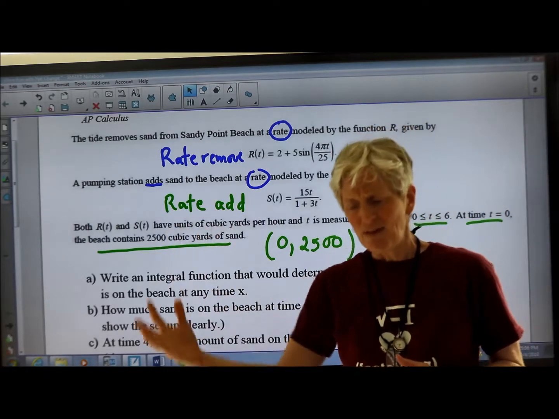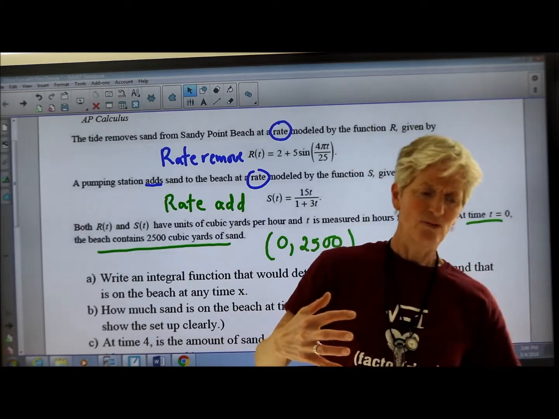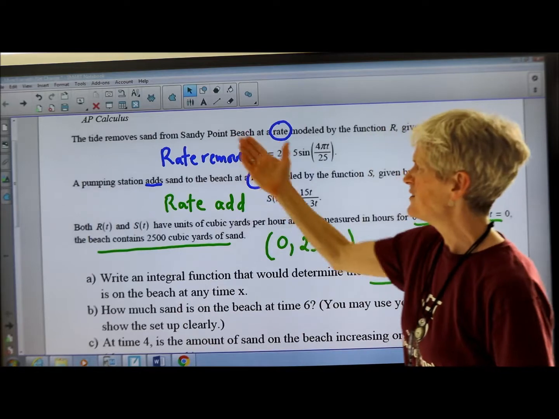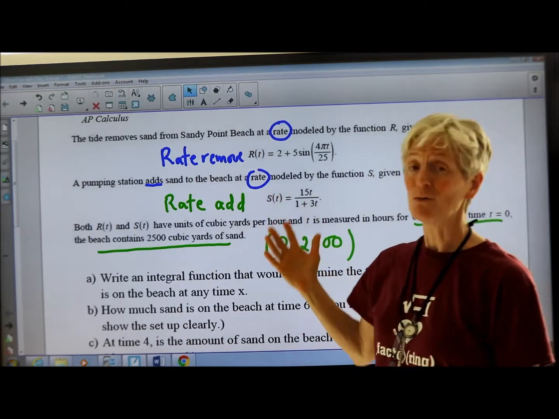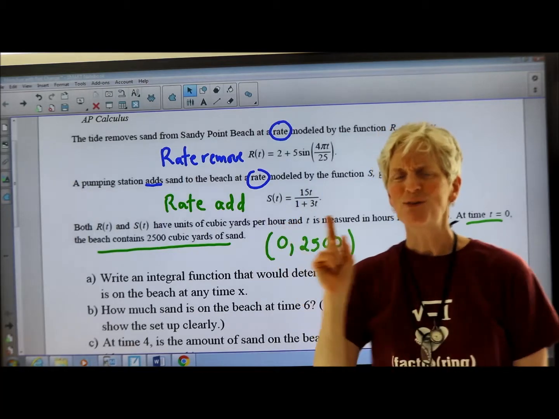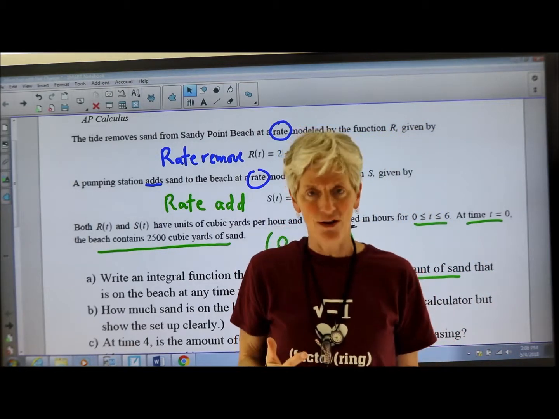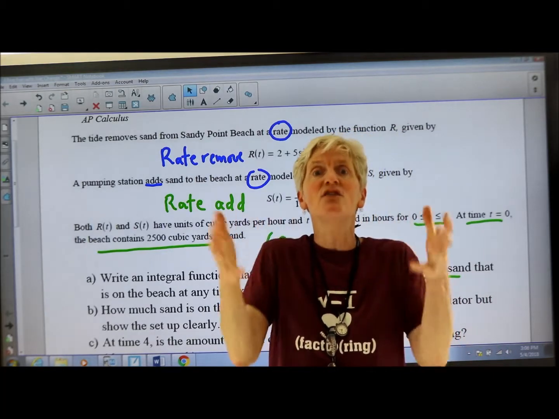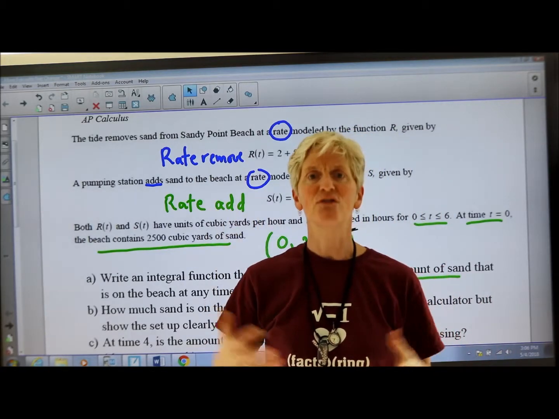And then how much sand was added and how much sand was removed over x hours. Well, these functions don't tell me the amount of sand removed and added, but they give me the rates. So I'm going to take the integral of these rates, and that will give me the amount of sand that is accumulated over x hours.